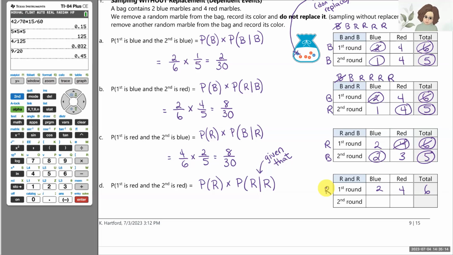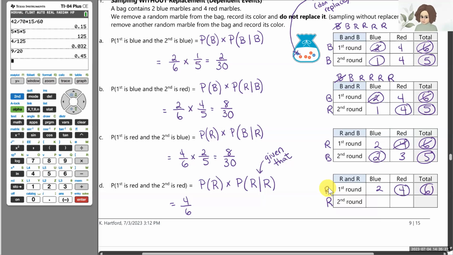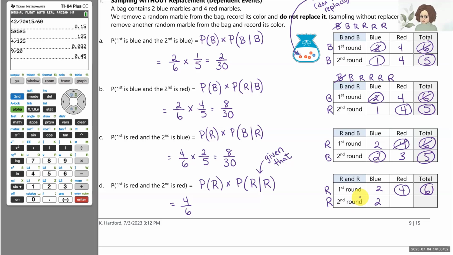Probability of a red, 4 out of those 6 are red. And then the probability the next one is red, but you know that you took out the red the first time. So on my second round, I still have 2 blue, but I'd be down to 3 red. I'd be down to 5 marbles. So the probability of getting another red one on the second pick, there'd be just 3 red left out of the 5. All right, that will be 12 out of 30.